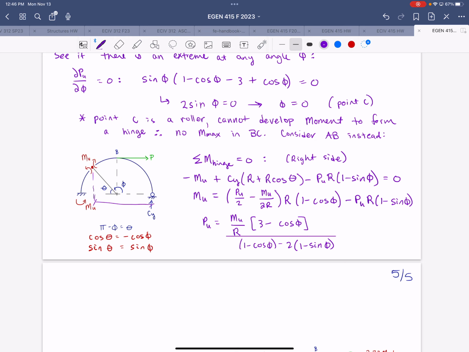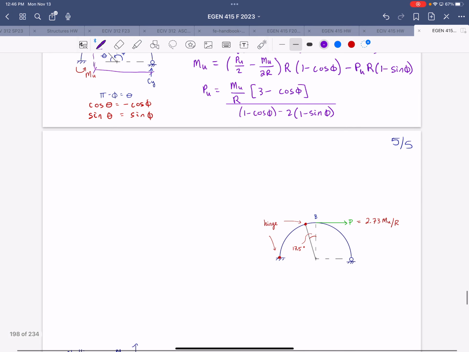All right, so now we have an expression for PU with the plastic hinge condition in span AB. Continue this and finish this process out. So we'll check for the location of maximum.